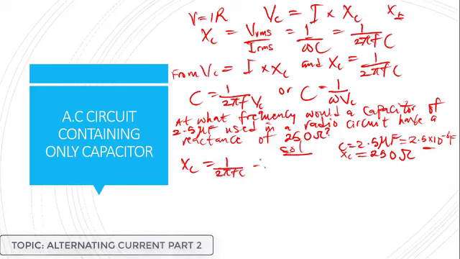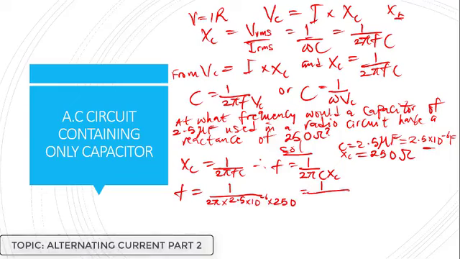So therefore, from this equation, making f the subject of the equation, our frequency is going to become 1 over 2 pi times the capacitance times the capacitive reactance. So we continue to solve. f equal to 1 over 2 pi times 2.5 times 10 raised to the power minus 6 times the capacitive reactance, which is 250.